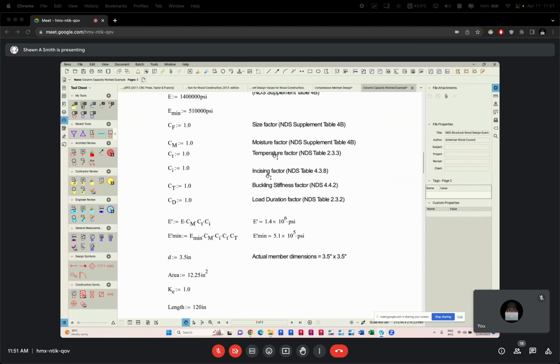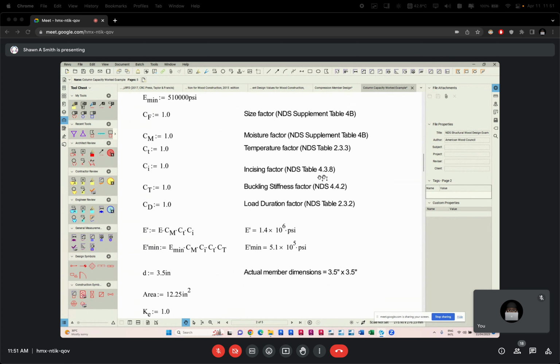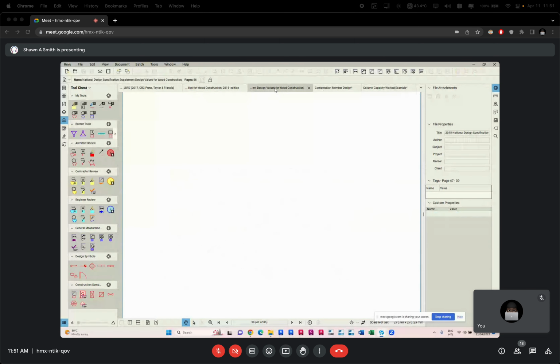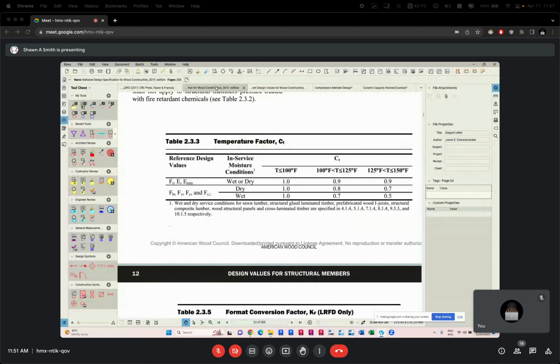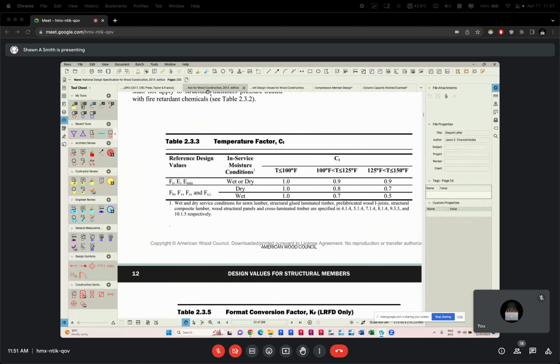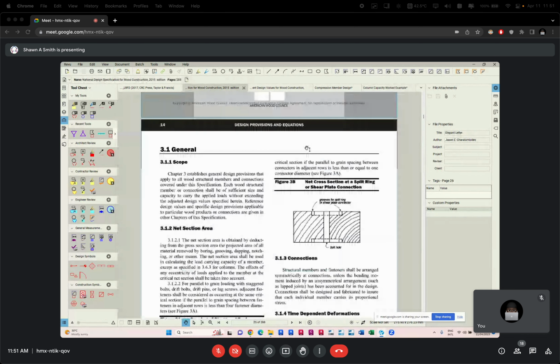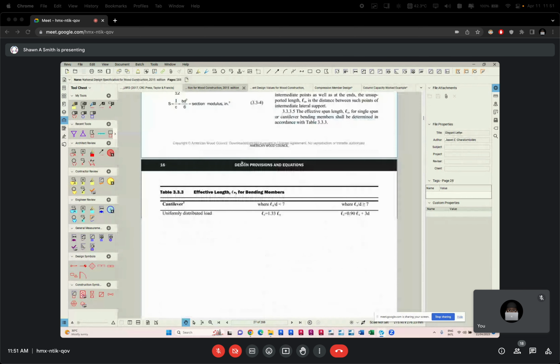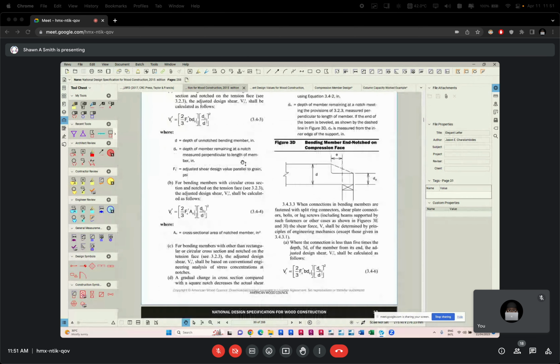CI, incision factor, that's taken from 4.3.8. It didn't say anything about incision, really. But multiplying by a factor of 1 shouldn't change anything. But let's look at the table in the NDS. It says Table 4.3.8.